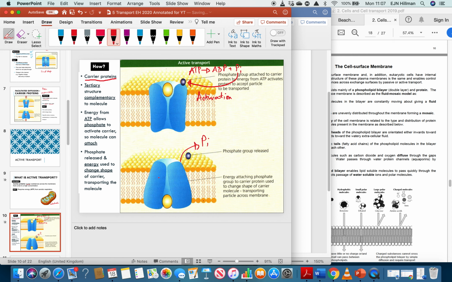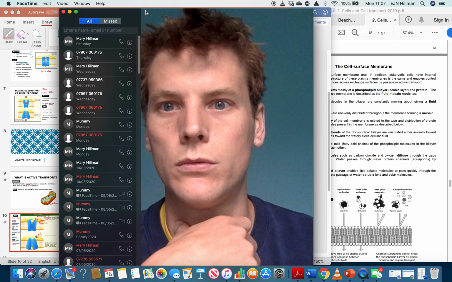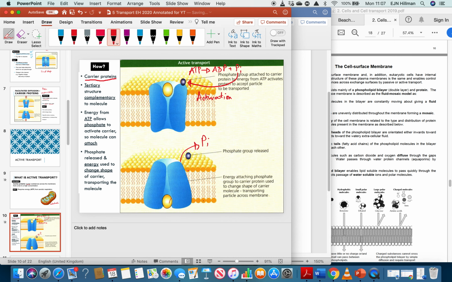And as that carrier molecule changes shape, it moves the molecule across the membrane from an area of lower concentration to an area of higher concentration.